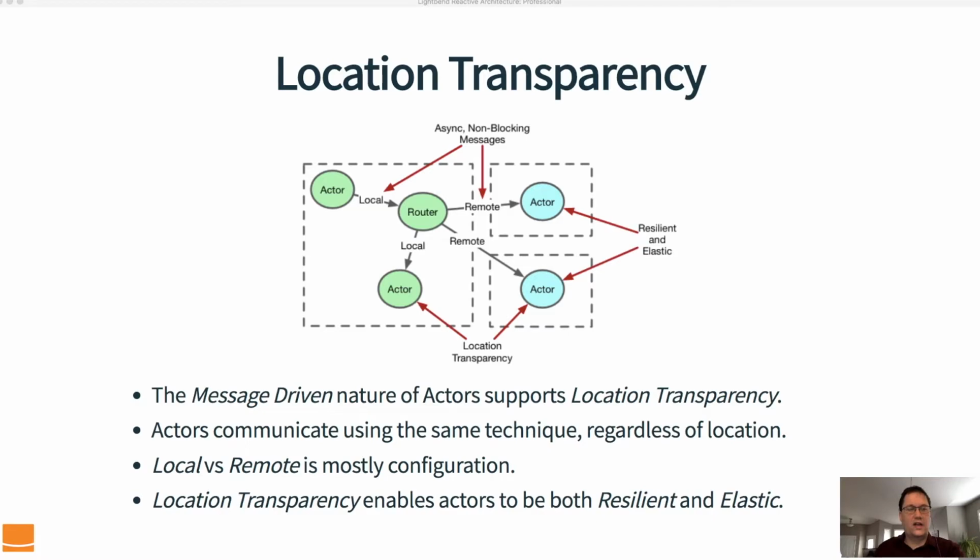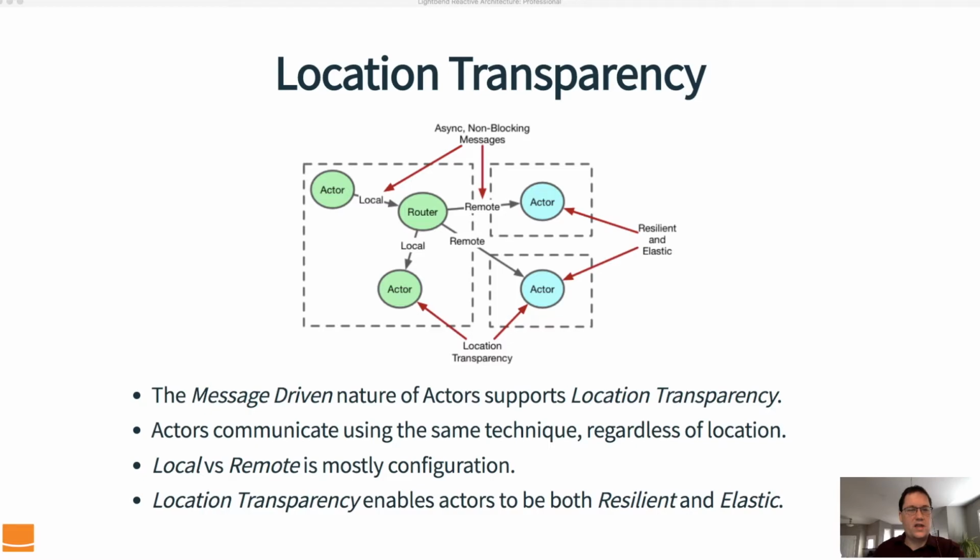So if you look at our little diagram here, we have a couple of green actors and we have a green router. That router can actually just be another actor. But what we have is when you want to send a message to an actor, you send it, for example, to that router. That router is then going to route those messages to some number of routees. Now, in this case, we have one routee that is living in the same JVM. You can think of the dotted lines as representing a JVM.